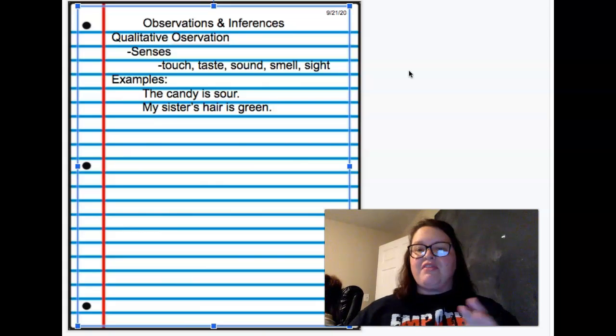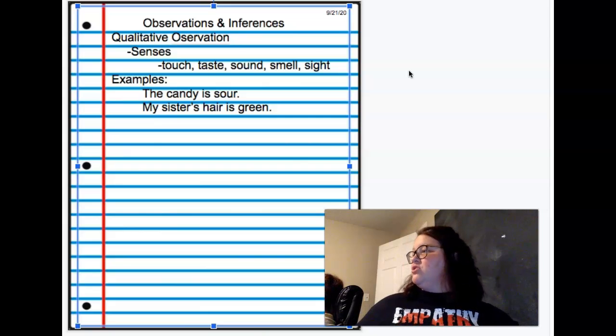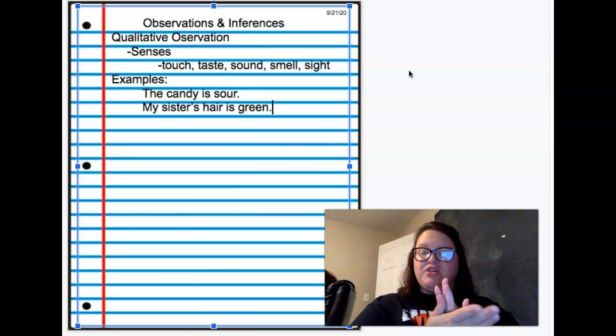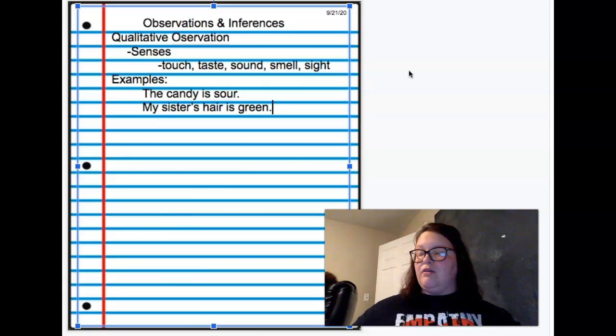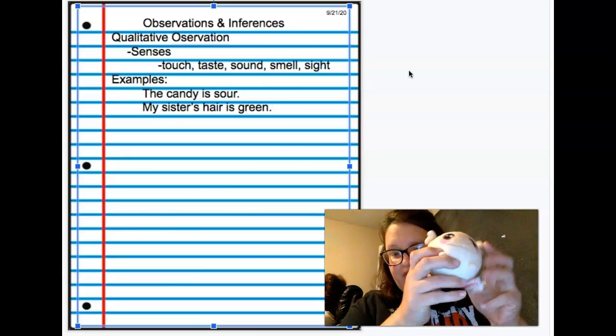Okay, so I think that's pretty easy. Qualitative, our senses. If you can see it, taste it, hear it, smell it, touch it, that is a qualitative observation. Don't forget about my sheep. Remember my sheep from last week's lessons where I said if we could touch it, it's probably soft. My sheep, it's a soft little sheep.